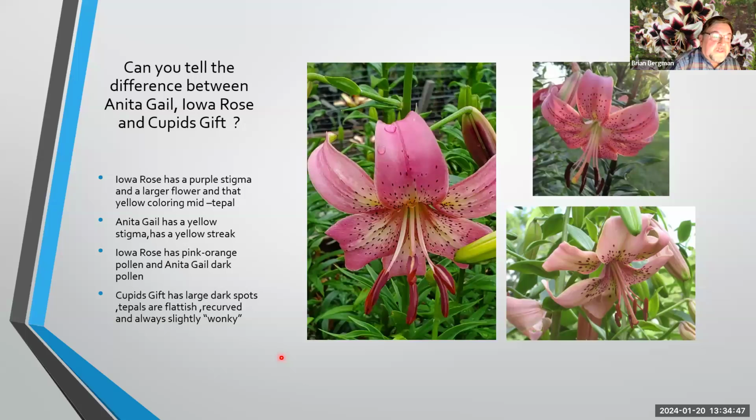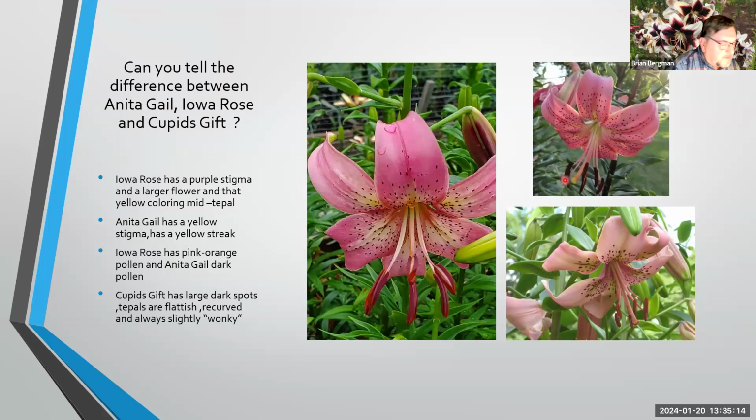Now, can you tell the difference between Anita Gale, Iowa Rose, and Cupid's Gift? They're all pink. Now we get into looking at details. Iowa Rose has a purple stigma, as you can see in the left picture, and has more mid coloring in the mid-tepal range. Anita Gale has a yellow stigma, upper right. And look at the color of the anthers.